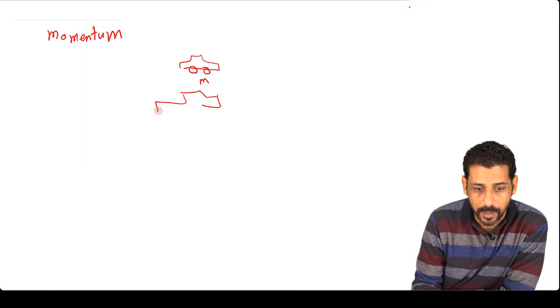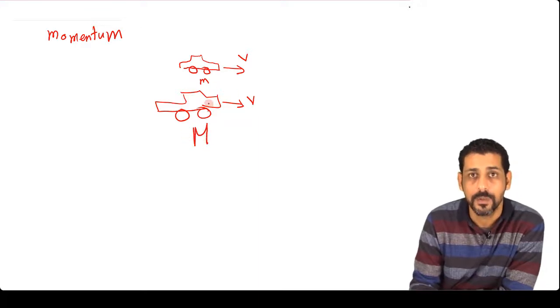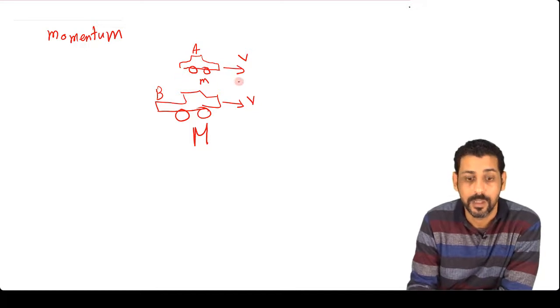Say this one has a certain velocity and the other one has the same velocity and this one has a big mass. Which one do you think is easier to be stopped? We have car A and car B. Which one is easier to be stopped?